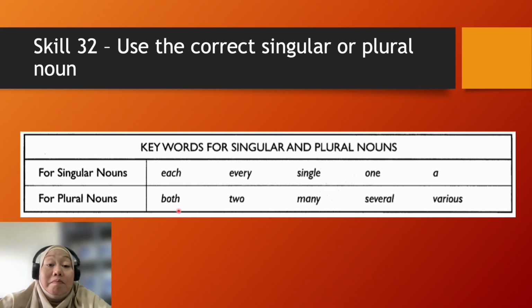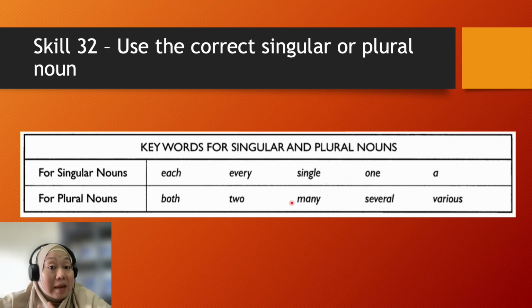While this one, both, should be followed by plural nouns. Both chairs, both students, and so on. The same as 2, 3, 4, 5, and so on. Two tables, two chairs.